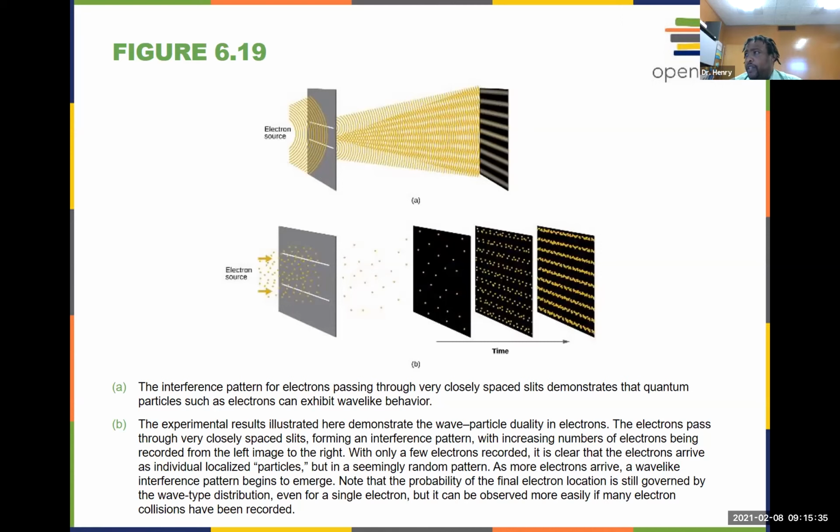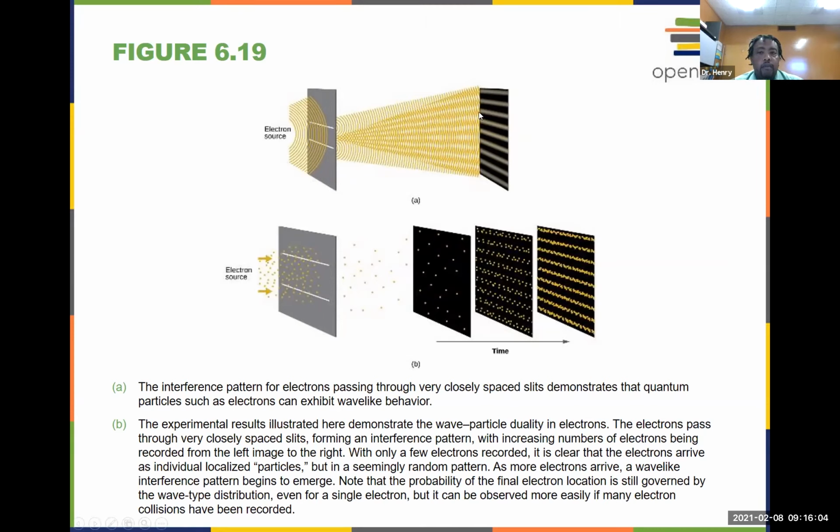And so basically you had an electron source, and they noticed that the electron source had made, very generally, patterns that look like this. But when they started lowering that electron source, so that there were only a few of them, they were able to see that there's a particle aspect of it, right? So it's not just full complete waves. If it was fully complete waves, then it would look totally like this.